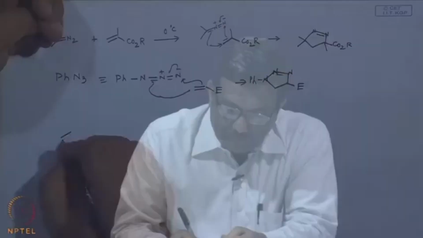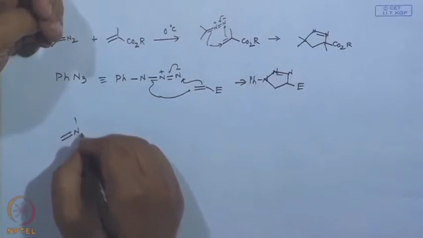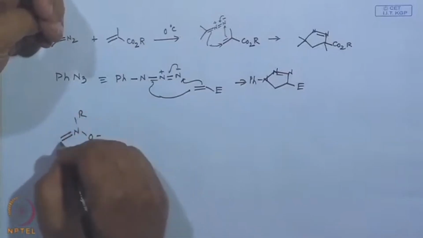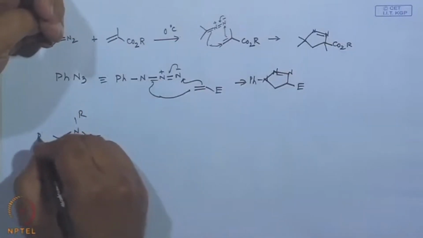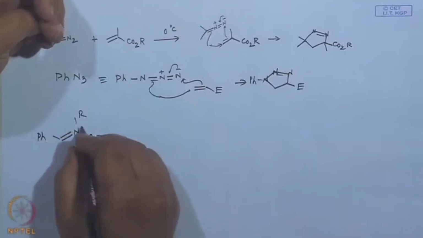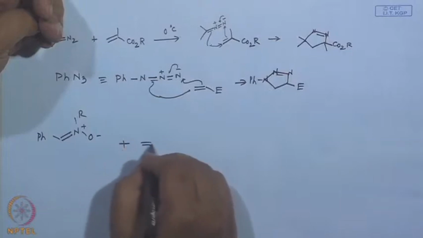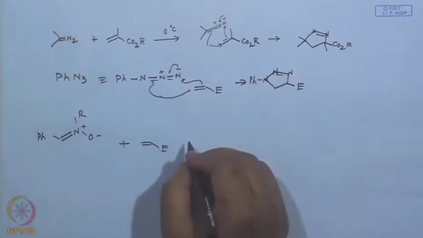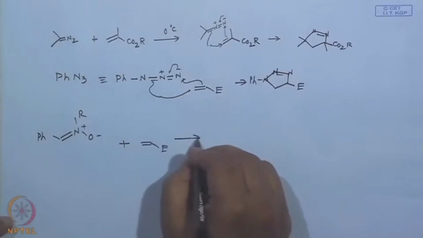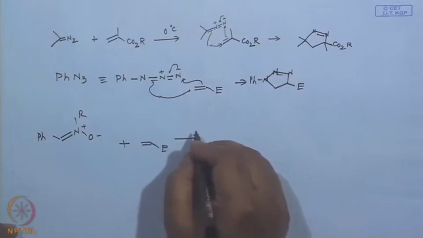There are other 1,3 dipoles. For example, the compounds of this kind, all of us know. If you have a compound of this kind, then again an electron deficient system. So, sometimes room temperature, sometimes heat.